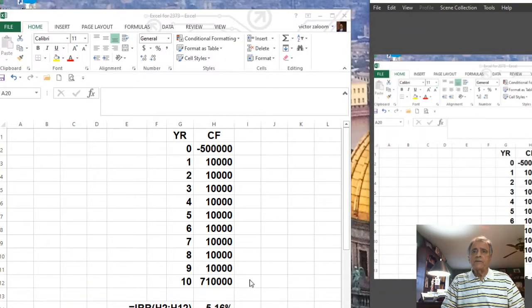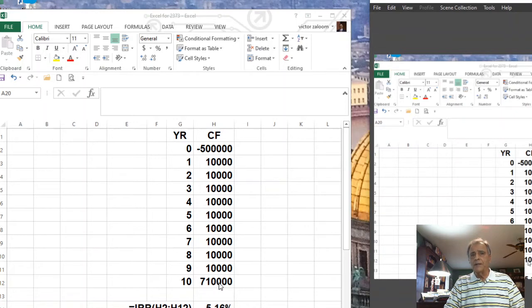So here we have an Excel file with the year and the cash flow. This particular cash flow had a minus $500,000 at time 0, and then $10,000 a year for 10 years, and then an additional $700,000 in the 10th year.